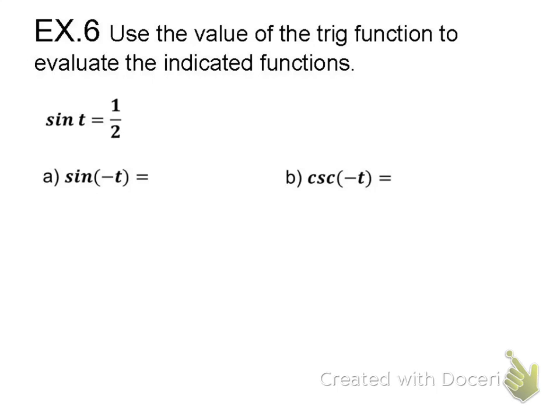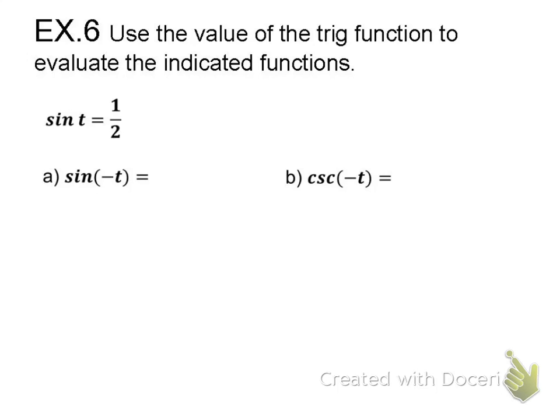Okay, number 6 says to use the value of the trig function to evaluate the indicated functions. So they're saying the sine of some angle t is equal to 1/2. We don't need to know what that angle is. It doesn't matter. They want to know the sine of the negative angle t and the cosecant of the negative angle t. Well, sine and cosecant are odd trig functions.